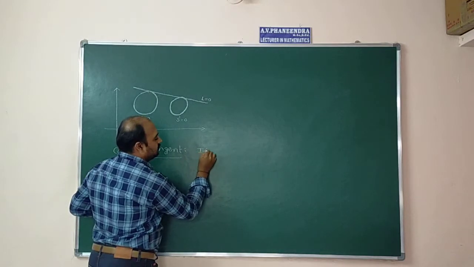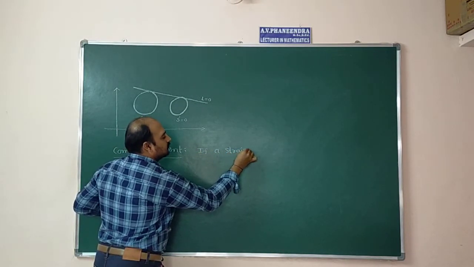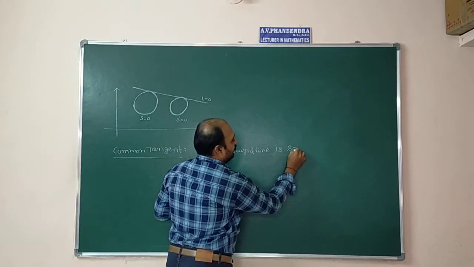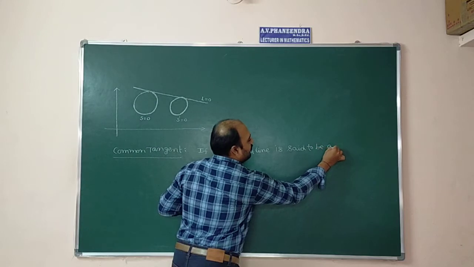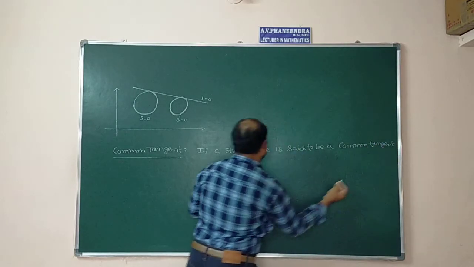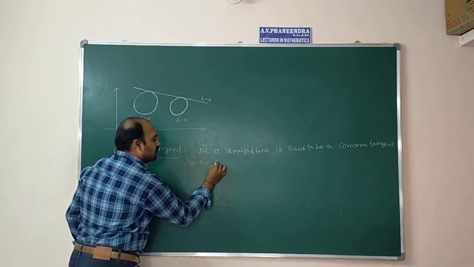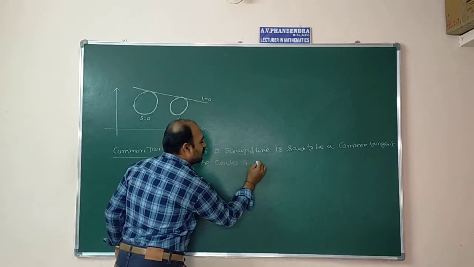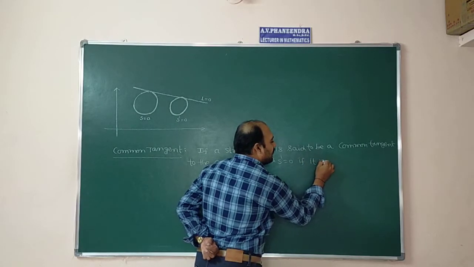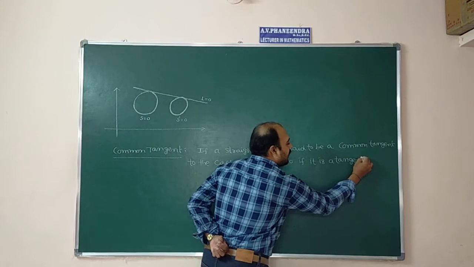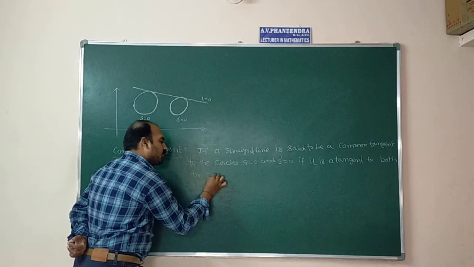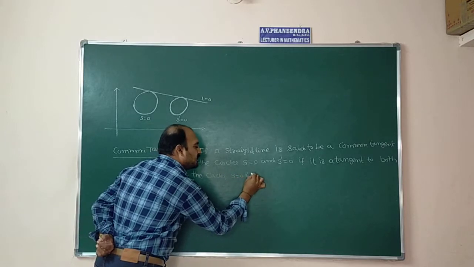Common tangent means, if a straight line is a common tangent to the circles S equal to 0 and S dash equal to 0, it is a tangent to both the circles.